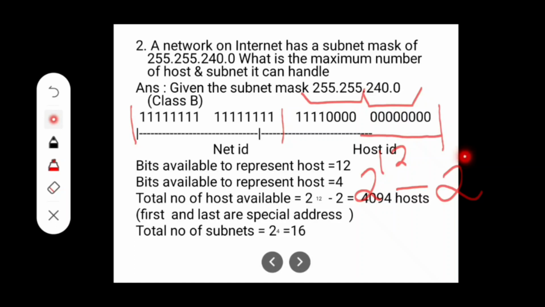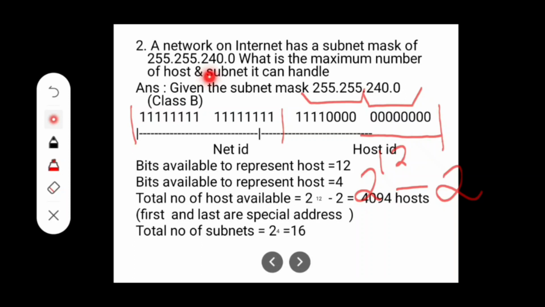Those two addresses we will not take, so we compulsorily subtract 2 from 2 raised to 12. So the total number of hosts is 2 raised to 12 minus 2.